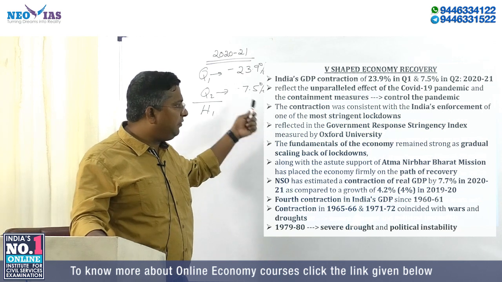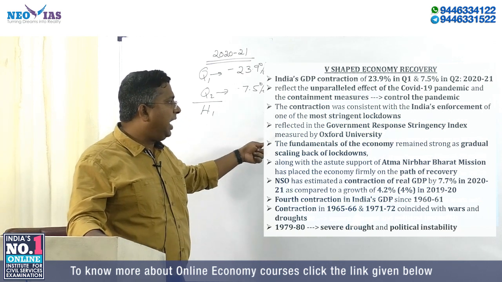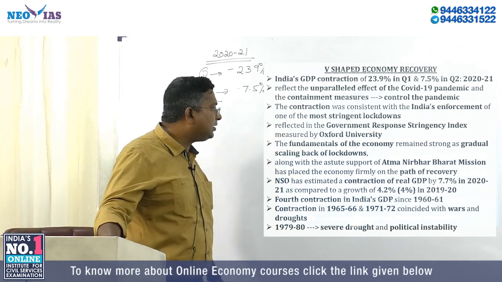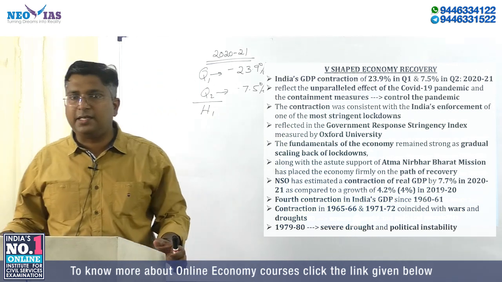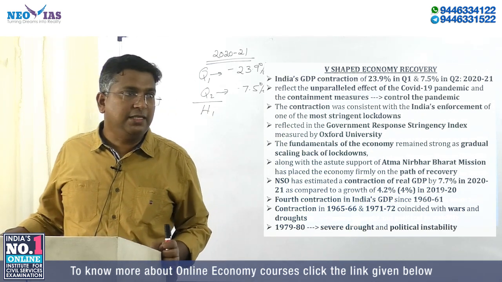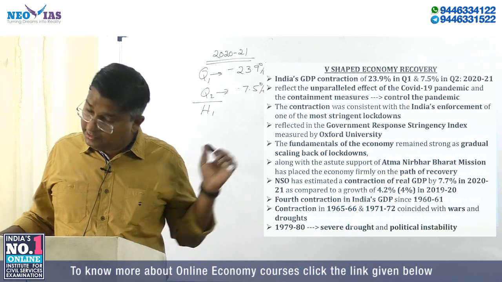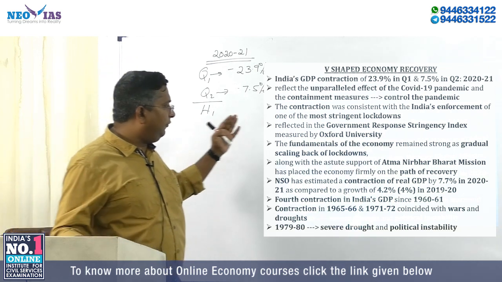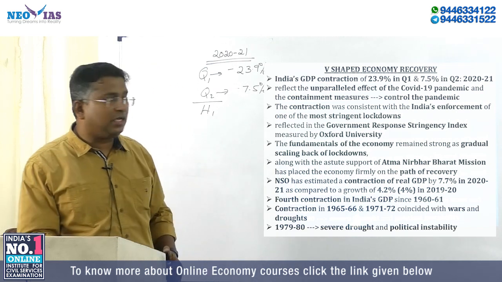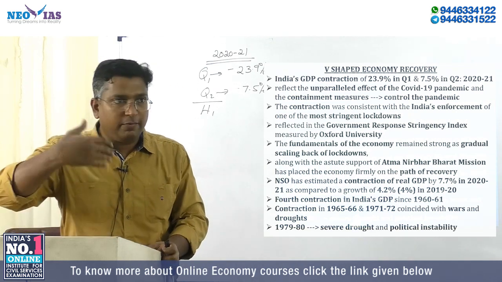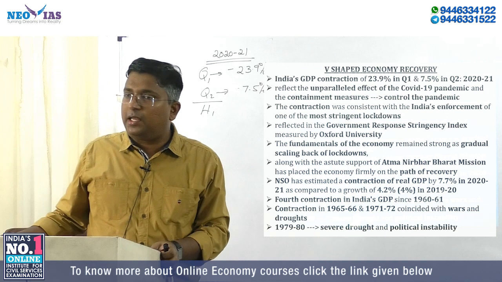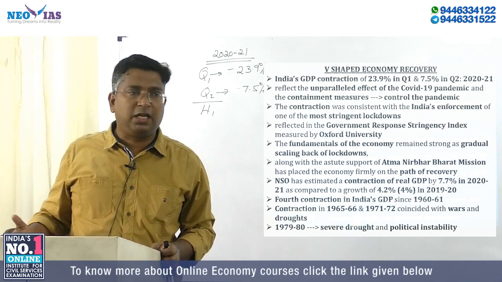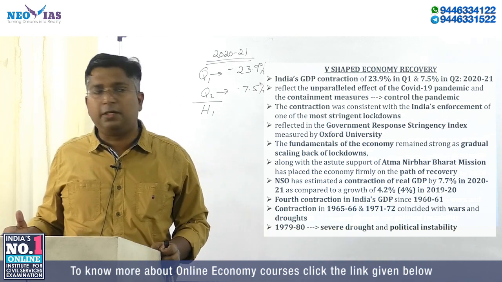Anyway, it is saying that we went for a stringent lockdown, and this you please note down, because this is an index, and an index is a favorite for UPSC. Since it is mentioned in the economic survey: the Government Response Stringency Index calculates the stringent measures taken by many countries all over the world.